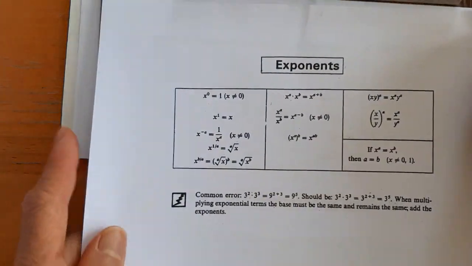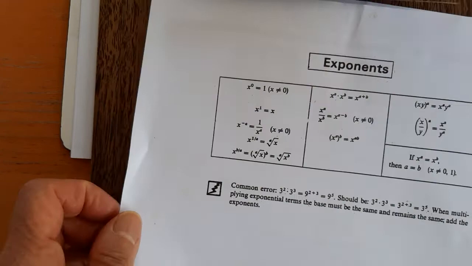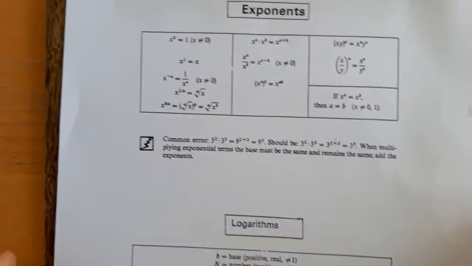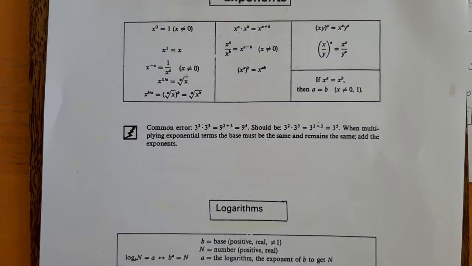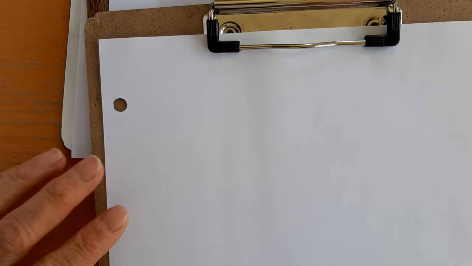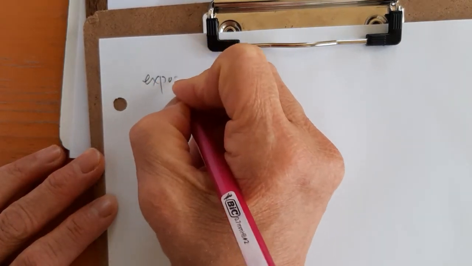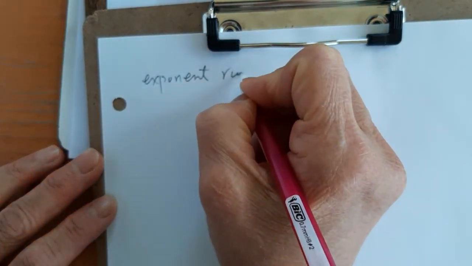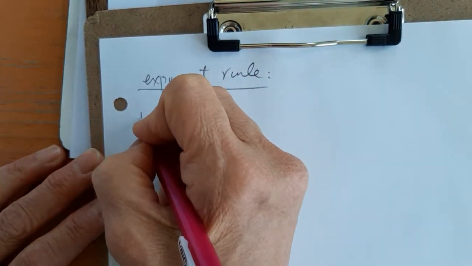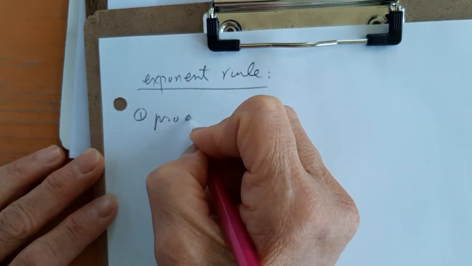So the exponential function has the following rules. You can see this page; these are in your notes. The first one is the product rule. This is the exponent rule.